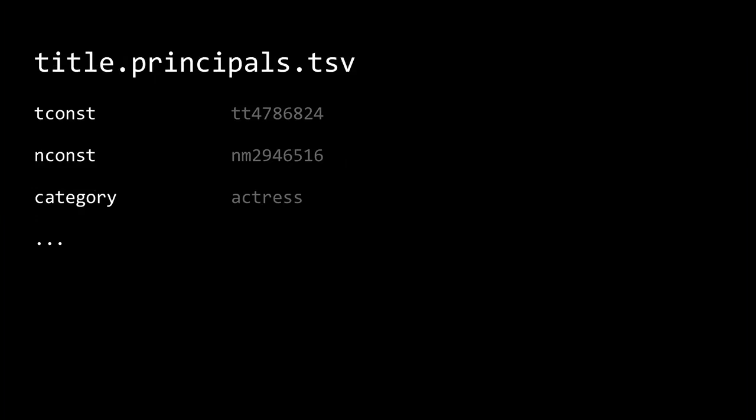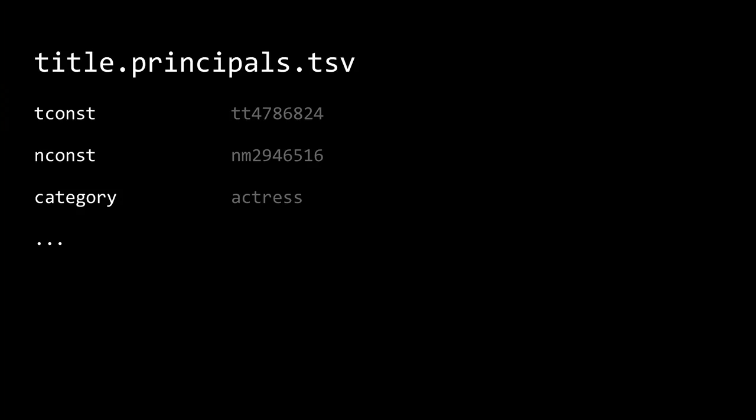In this file, notice there are no actual titles. There's no primary titles. There's no actual human names. Instead, there's just two unique identifiers, a tconst and an nconst, which is our IMDb speak for a title identifier and a name identifier.